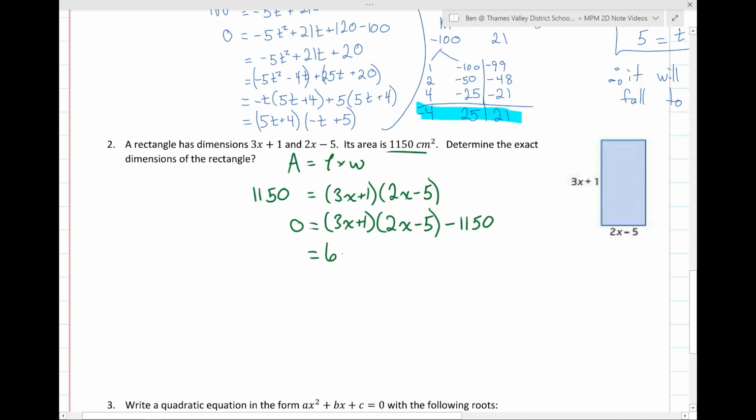So that brings us to 6x squared minus 15x plus 2x minus 5 minus 1,150. And we can take that even further. That's 6x squared minus 13x minus 1,155.